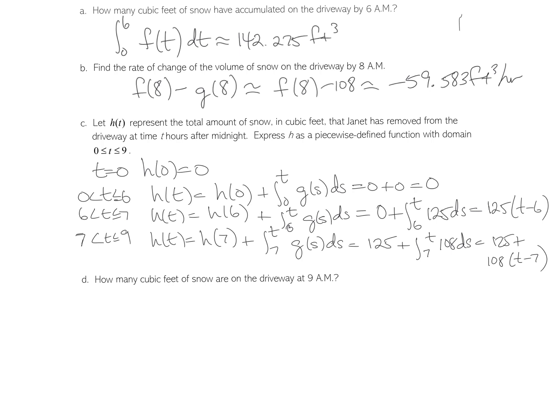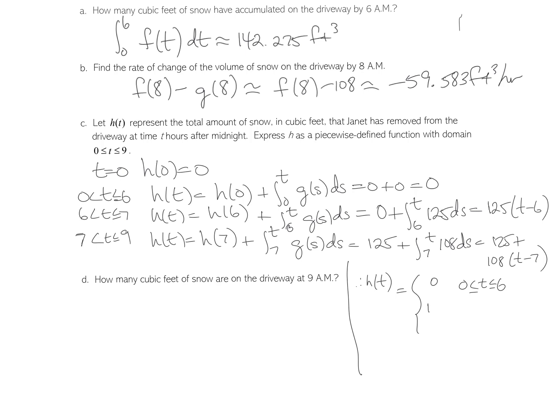I kind of ran out of room here, so I'm going to summarize it here. That means H of T, because it's asking for a piecewise function, is equal to 0 when T is between 0 and 6.